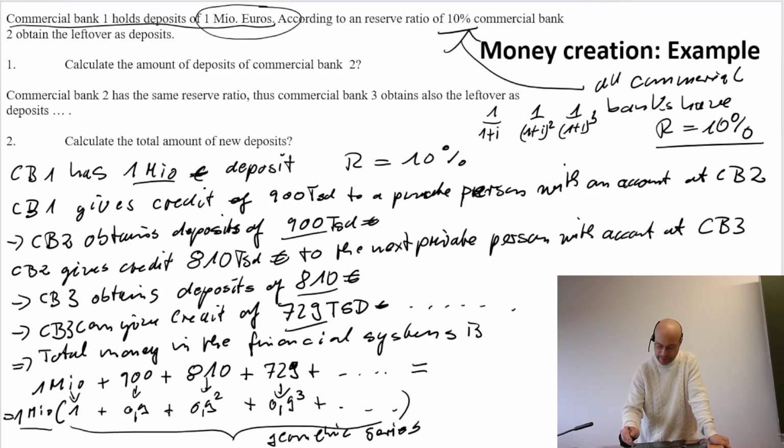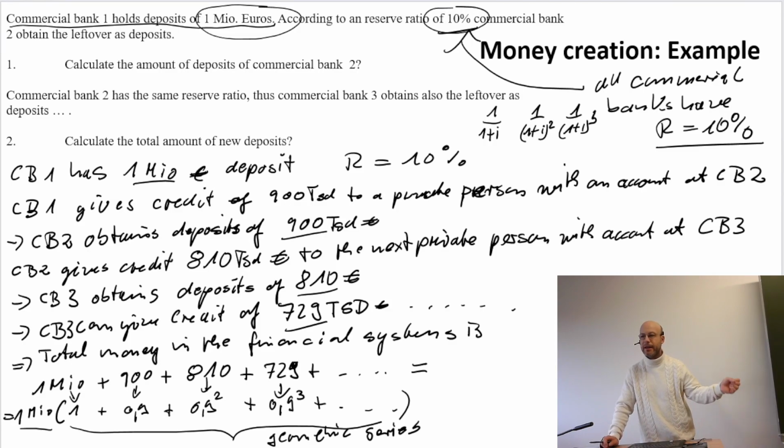In this case, we talked about 10%, and then this multiplier process is initiated, that the first bank gives 900,000 euros of credit to some person. This person in general will have its bank account at another bank. So then appears at another bank additionally 900,000 euros.